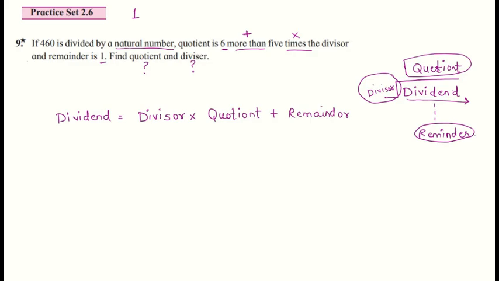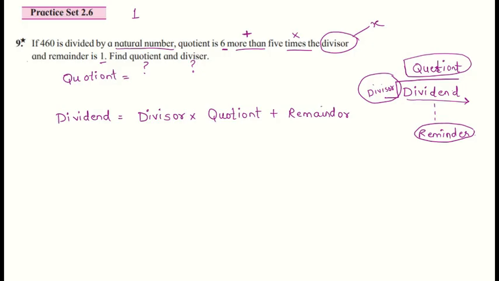As we already have the relation, it is very easy to solve the given question. Let's read the question again. If 460 is divided by a natural number, which can be any number starting from 1, the quotient is 6 more than 5 times the divisor. So we will take the divisor as x.